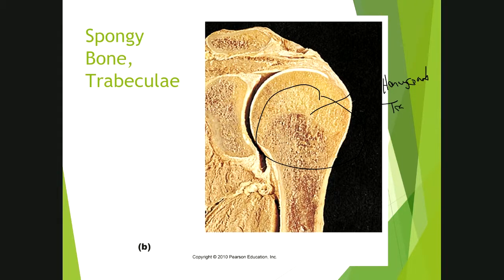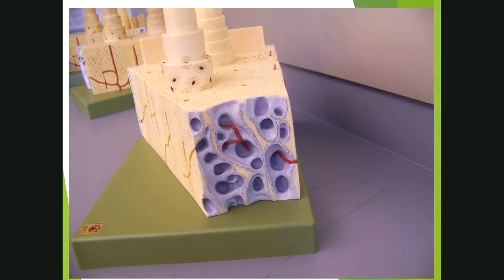And so when we look at the model, we see these ridges right here and right here and right here. These are those ridges. Those are the trabeculae. And then we see spaces in between them. And look, those arteries, those blood vessels run through those spaces.